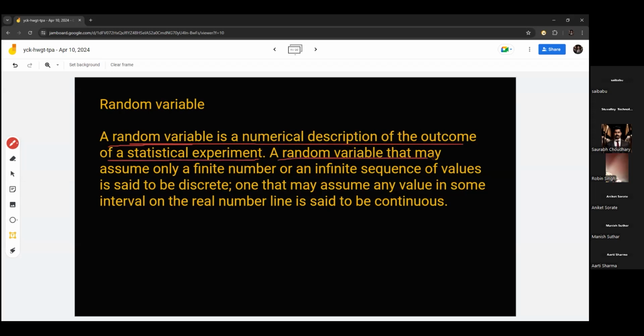A random variable that may assume only a finite number or an infinite sequence of values is said to be discrete. One that may assume any value in some interval or real number line is said to be continuous. I will talk about this discrete and continuous. But first we need to know what is random variables.